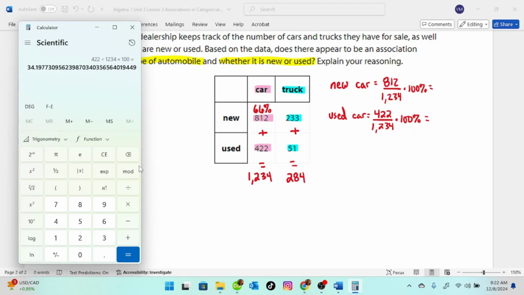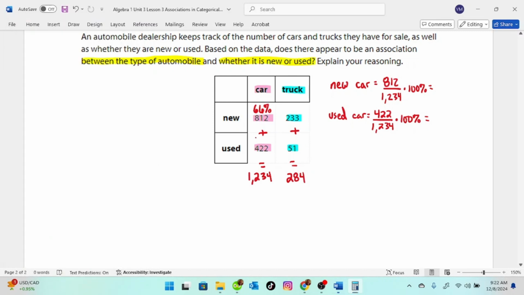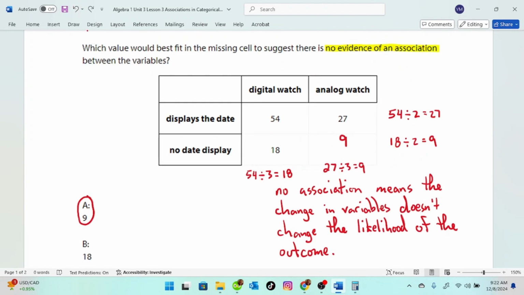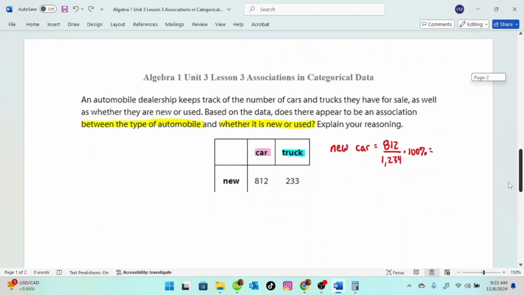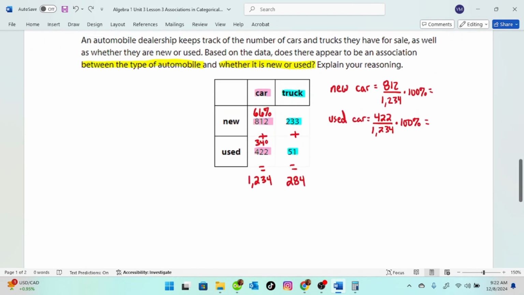The 1 tells us to round the 4 back to itself, so it is a 34% chance that if you have a car, it is used.